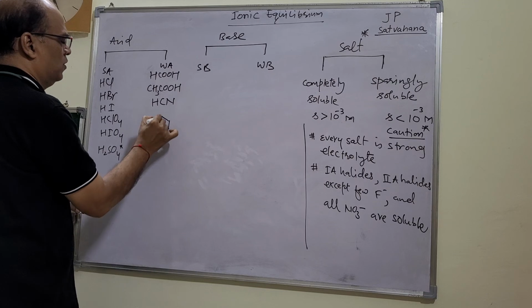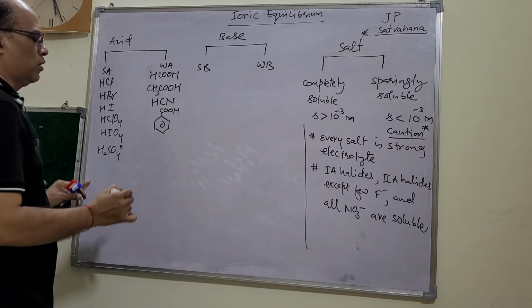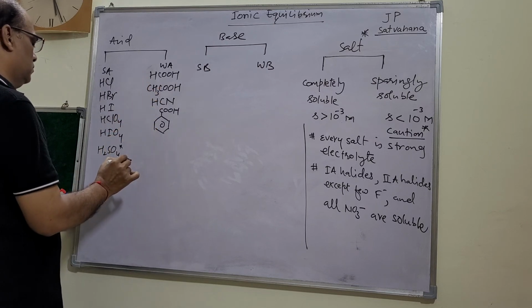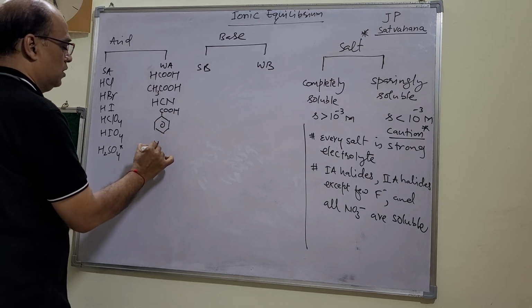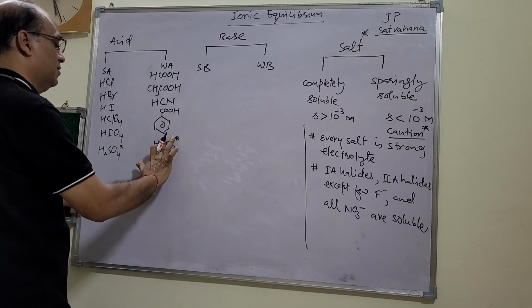Benzoic acid, these you find in problems. Okay. Again, star mark is there, so I put some star mark also here. H2CO3, star mark, that is known as carbonic acid.